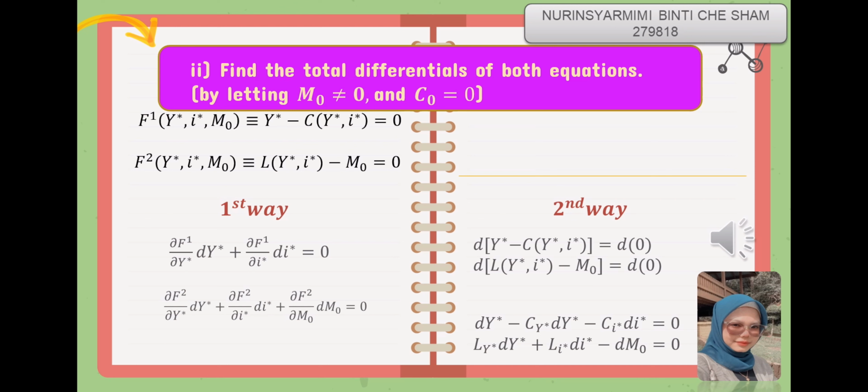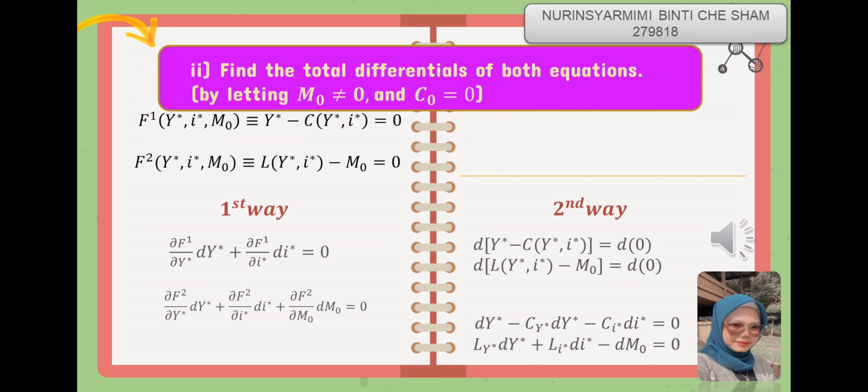We will use two ways. First way, for F1, we will write delta F1 over delta Y star dY star plus delta F1 over delta I star dI star equal to 0. For F2, we will write delta F2 over delta Y star dY star plus delta F2 over delta I star dI star plus delta F2 over delta M null dM null equal to 0.